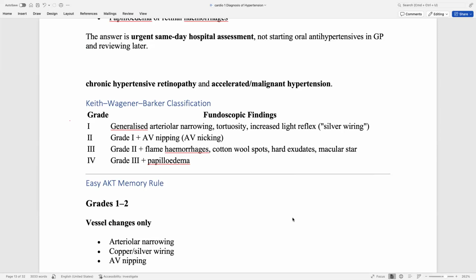In diabetes, the retinopathy is due to what? Long-standing chronic microvascular disease, which will lead to what? Ischemia, like an occlusion.